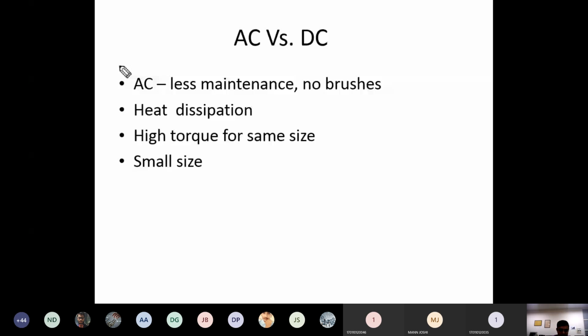This is the advantage, or the comparison between AC and DC servo motor. I hope we are clear about that. Four differences: first, AC has less maintenance and no brushes; then heat dissipation capacity is higher, high torque for the same size, and a small size. This is the advantage, or comparison, between AC and DC servo motor.